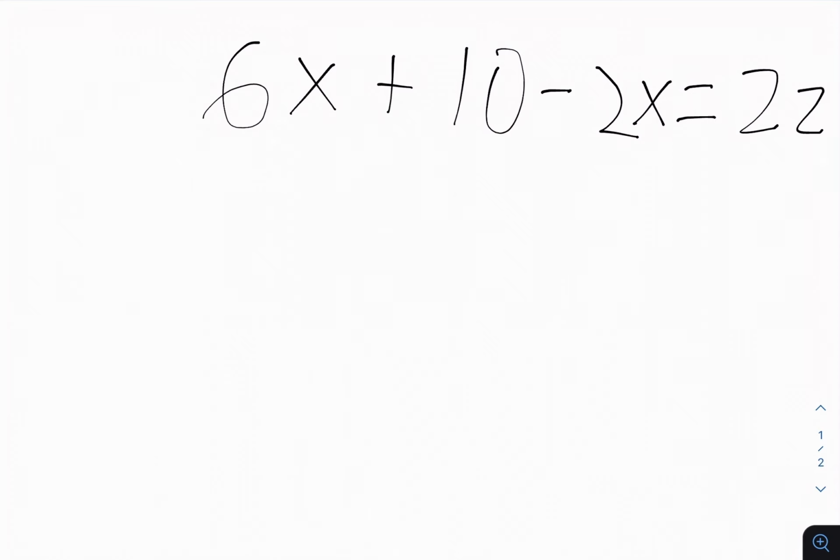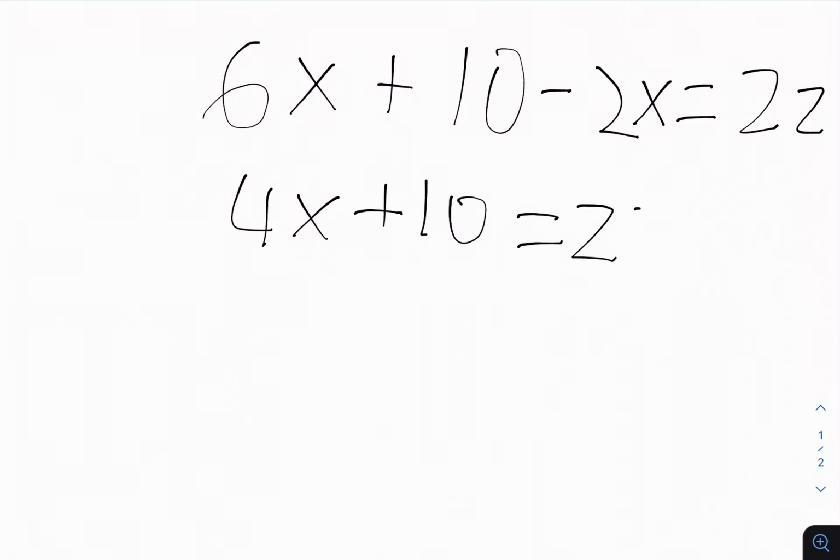So from the first glance, we can tell that 6x and 2x have the same variable, so you could just subtract them. That would just be 4x plus 10 equals 22.